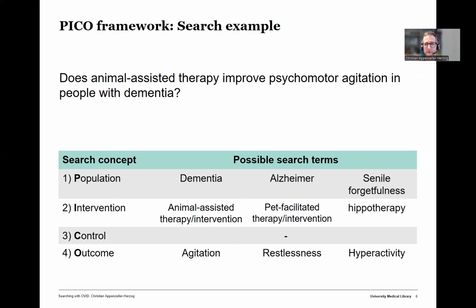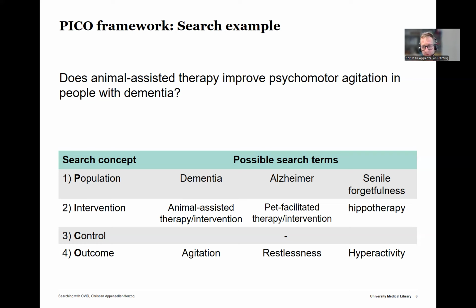So we have the concept of dementia, which corresponds to the population that is to be treated with an intervention. The intervention is the animal-assisted therapy, which could also be called animal-assisted intervention. And the outcome that is targeted with this intervention is the psychomotor agitation, or simply agitation.